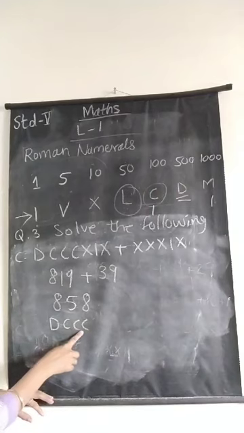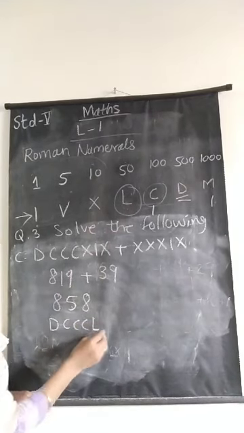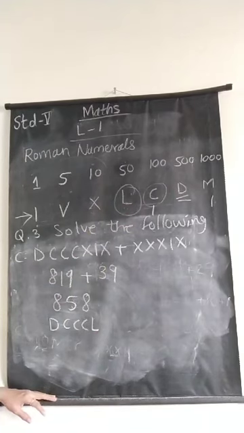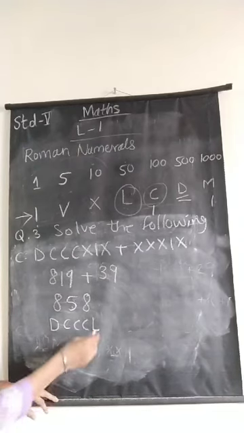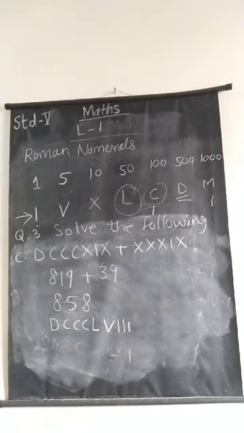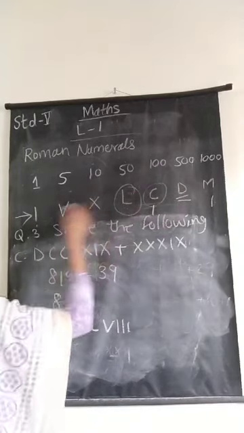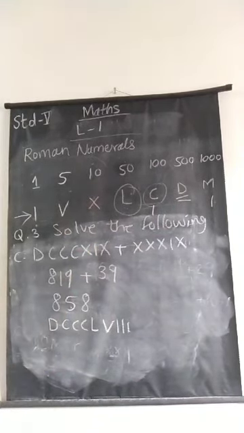This will become 800. Now 58. 50 is written as L. And 8 is written as, how are we going to write 8? Yes, students. 8 is written as 5 plus 3. Yes, 8 is written like this. You have to write this in Roman numerals.